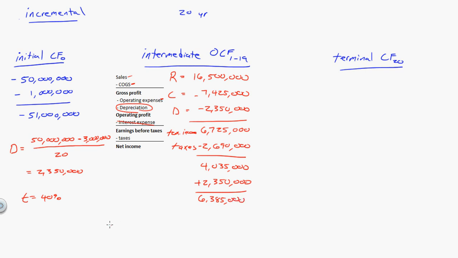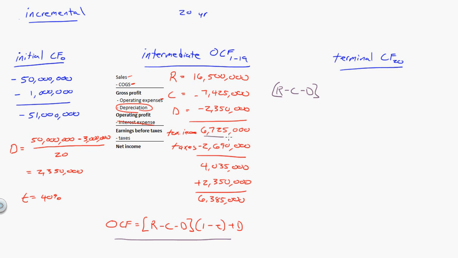So let me show you a shorter formula for that. My operating cash flow should be equal to my revenue minus cost minus depreciation times 1 minus the tax rate, plus depreciation. This is just the shorter way to do it mathematically, but think what you've really done here. You said revenue minus cost minus depreciation.